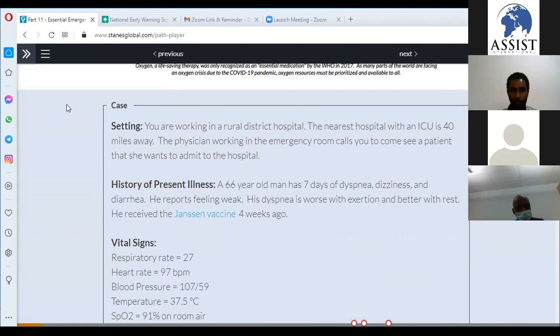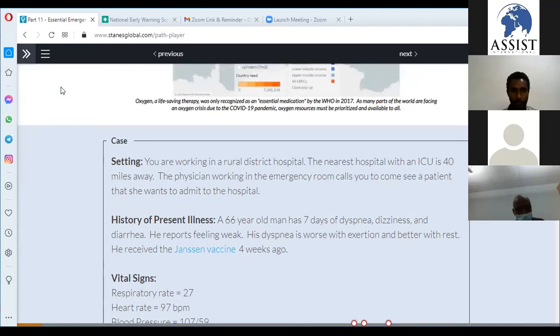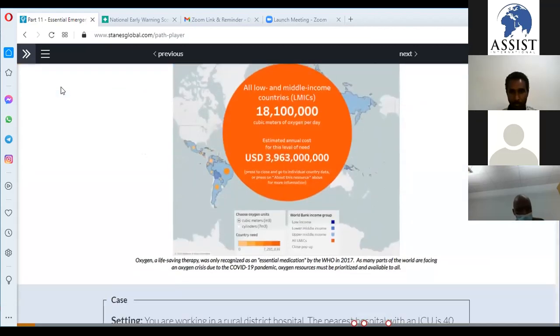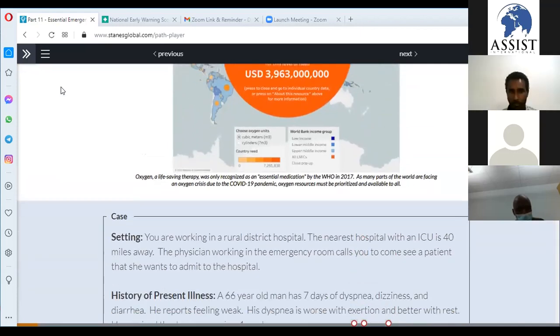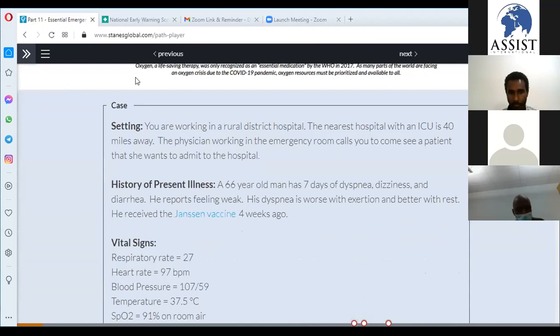Yeah, Dr. Hussein, also, our participants can click on the Learning Resource Center on the map, and they can just input a country, like if they want specific country oxygen need in African countries or Asian countries.